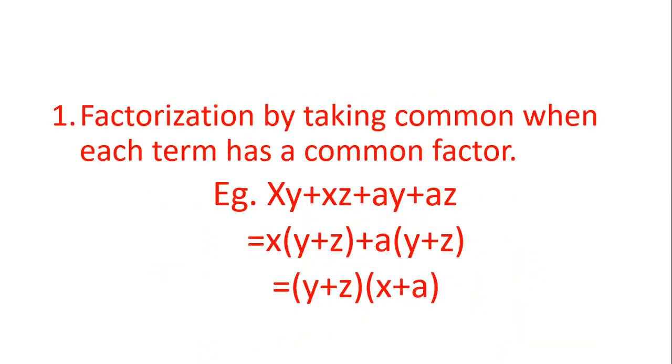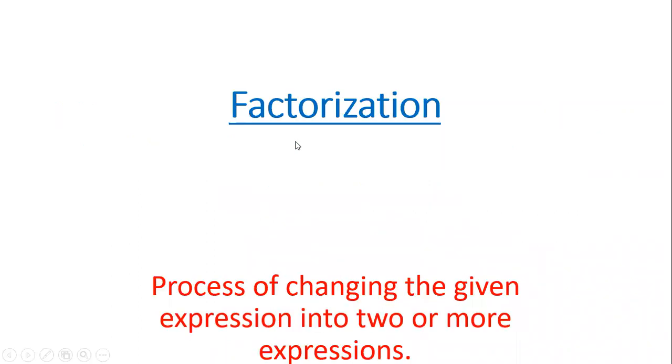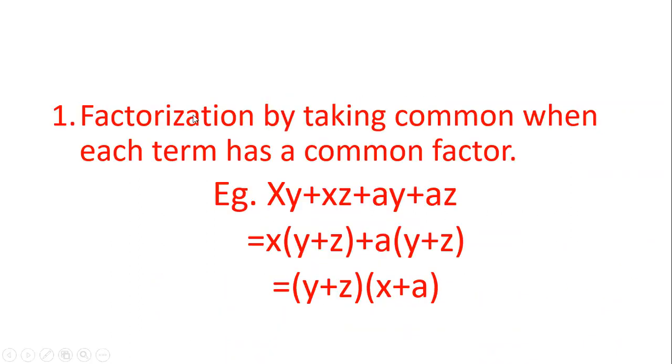Now, the process of factorization. First of all, number one, factorization by taking common when each term has a common factor. Example, xy plus xz plus ay plus az is given over here.